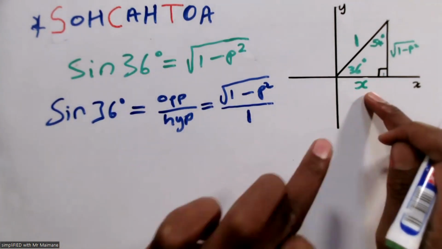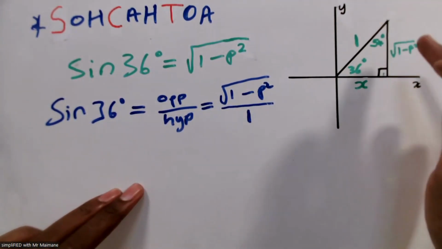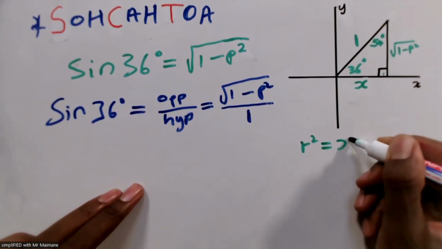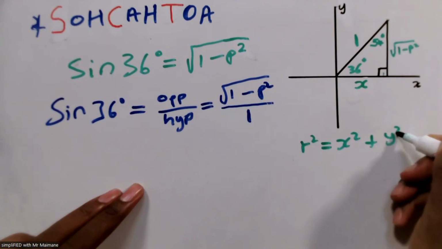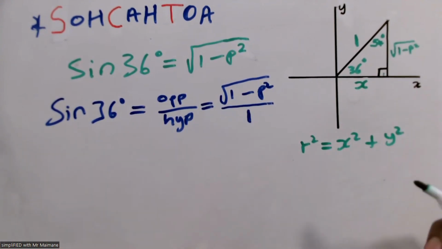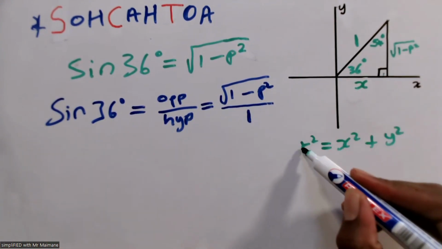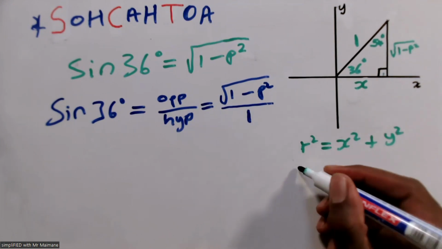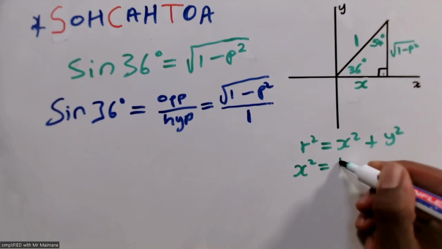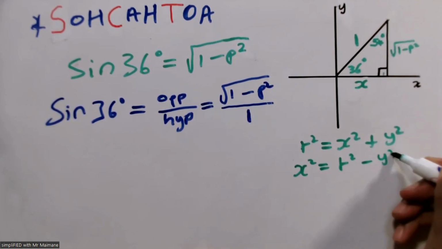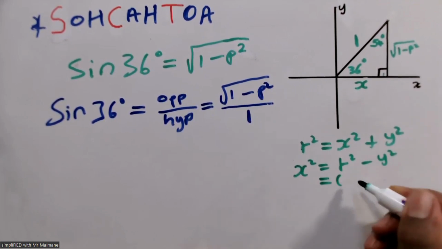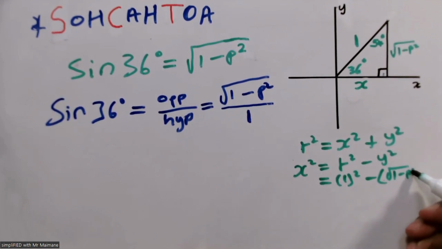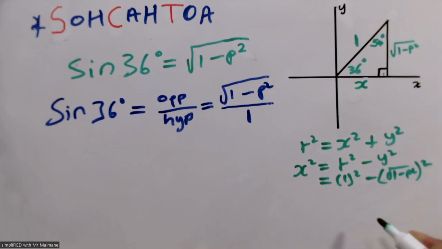Let's name this side x. To calculate x using Pythagoras, we say r squared equals x squared plus y squared. We know r is 1 and y is the square root of 1 minus p squared. So x squared is r squared minus y squared, which is 1 squared minus the square root of 1 minus p squared, squared.